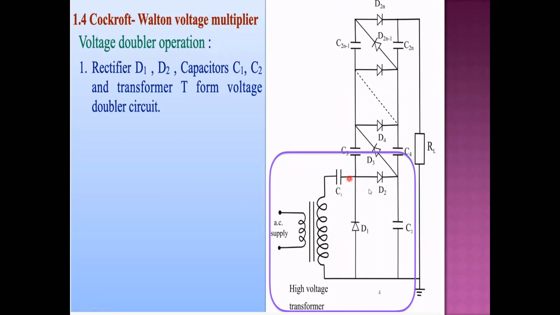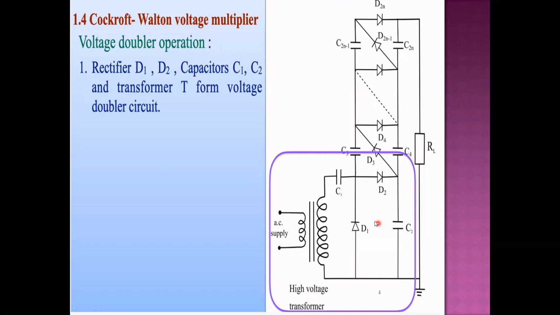The power handling capability of the diodes must also be very high. If you use electronic diodes and apply high voltages, they may burn. Am I right? So to handle very high voltages, we require power diodes.